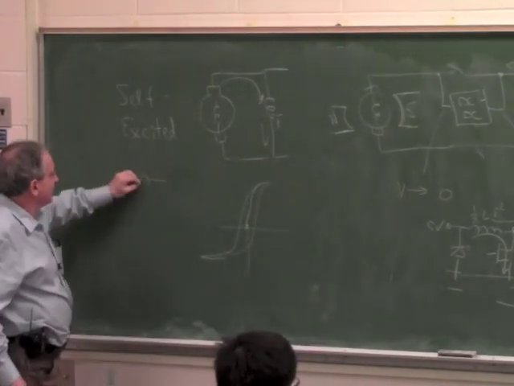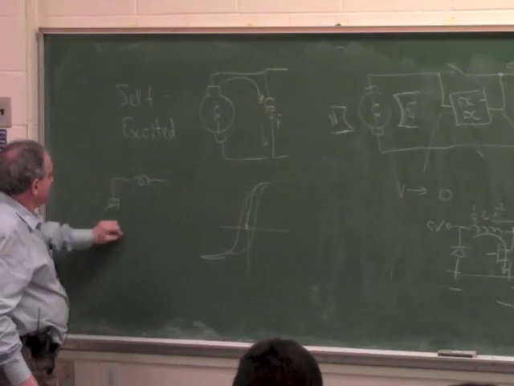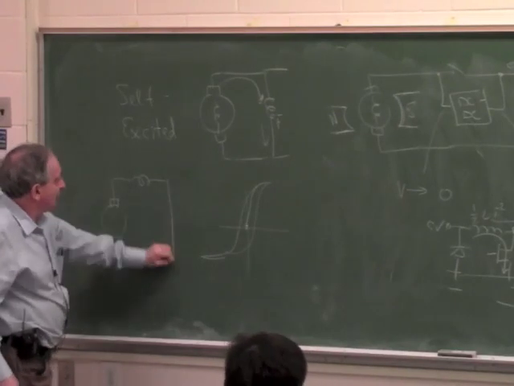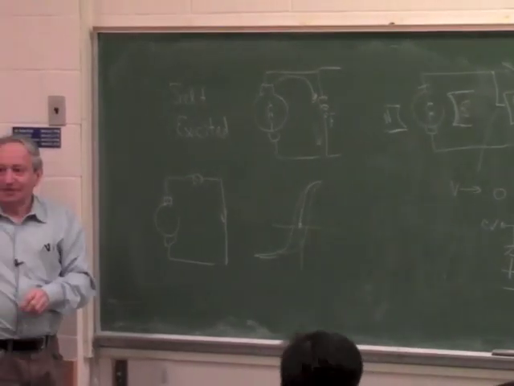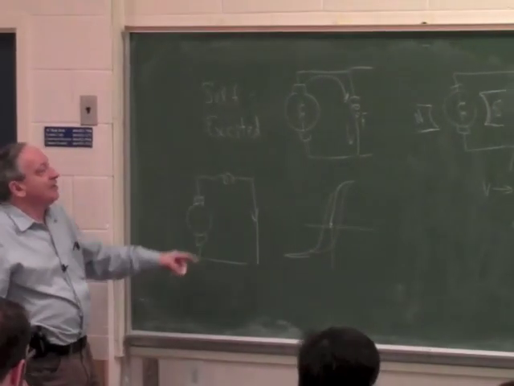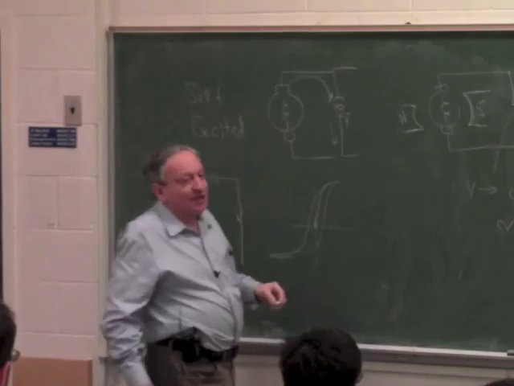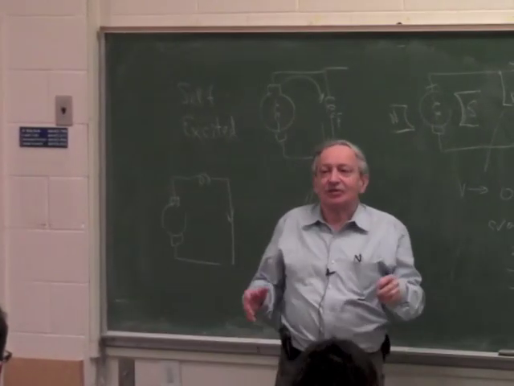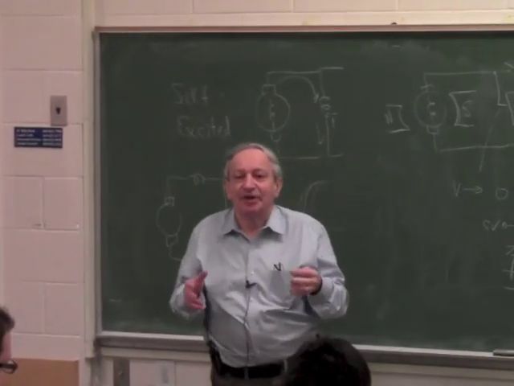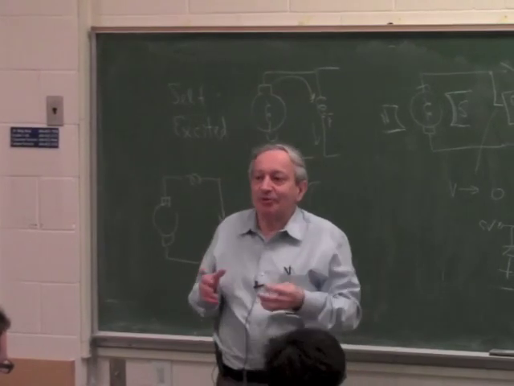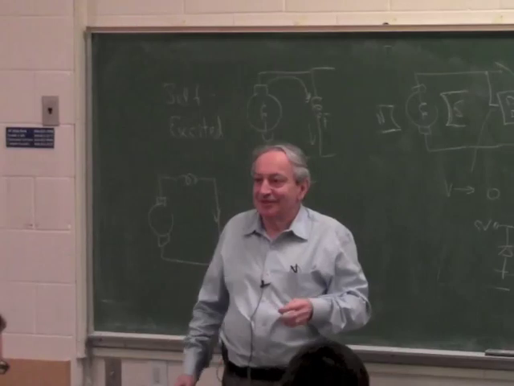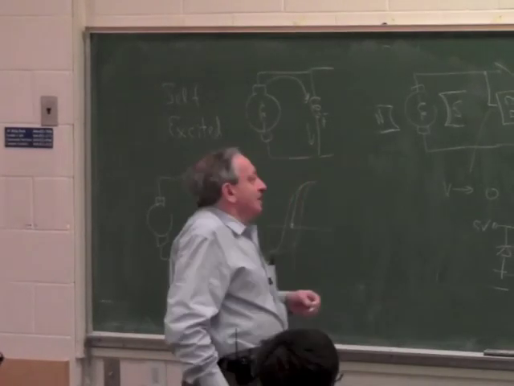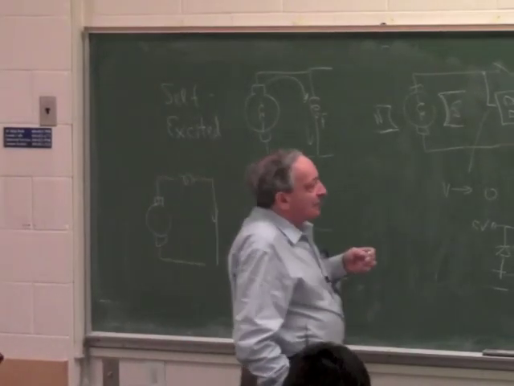It's also true for series wound, but in series wound you have to close the path here so current can flow. So basically, in all DC motors, brushless DC, it's easy to understand how dynamic braking is done, because a motor becomes a generator if you just turn it and see what happens.